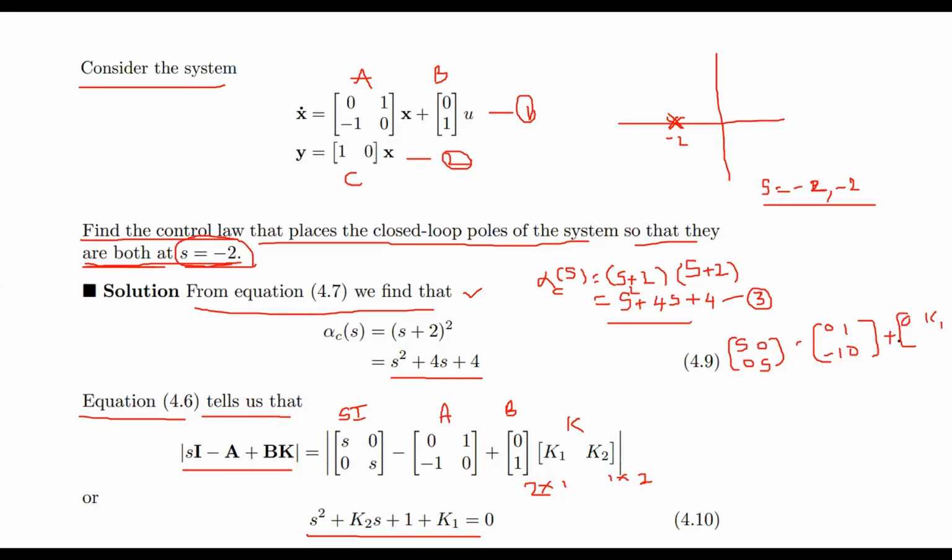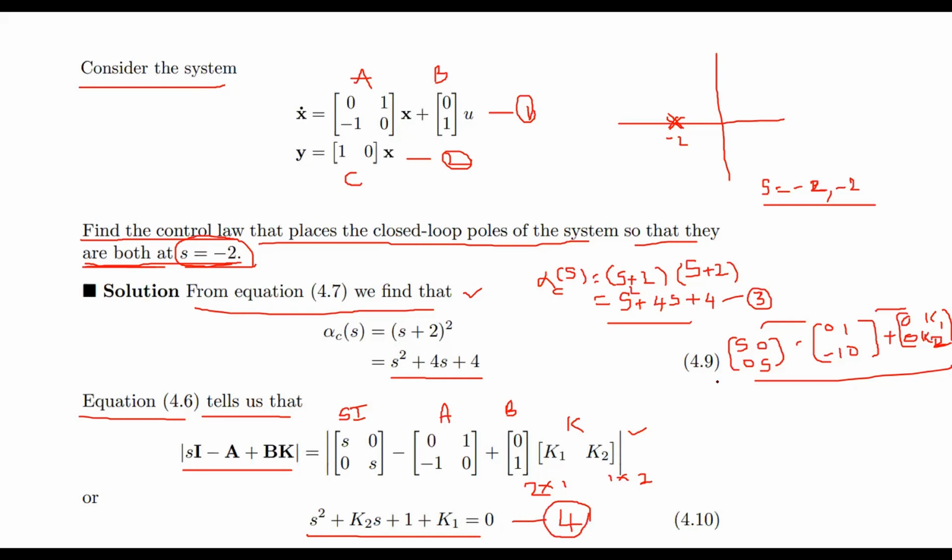Next one is again 0. Now simplify this: subtract these two and add these two, then take the determinant of the given matrix. If I do that, I will get s square plus K2 into s plus 1 plus K1 is equal to 0. That is equation number 4.